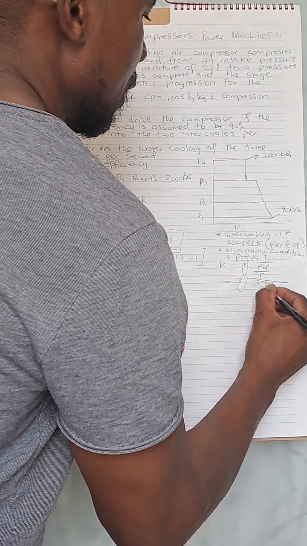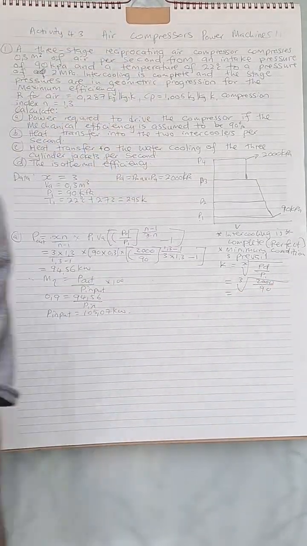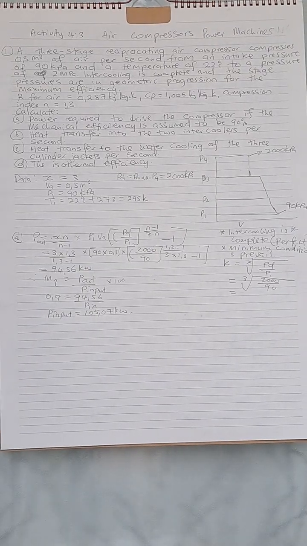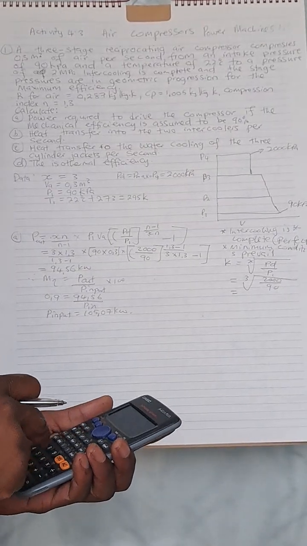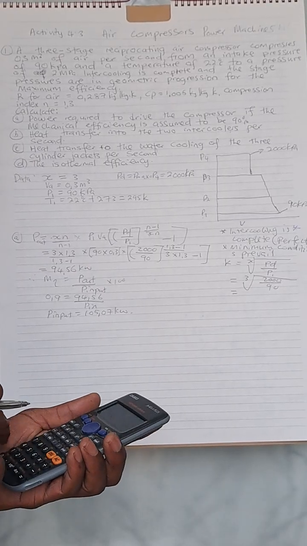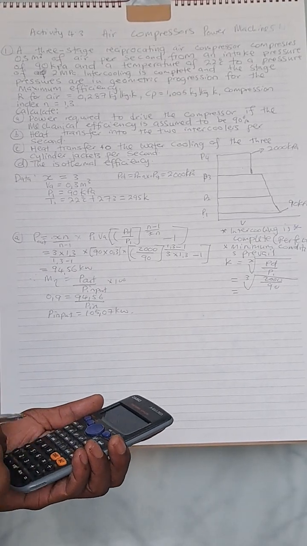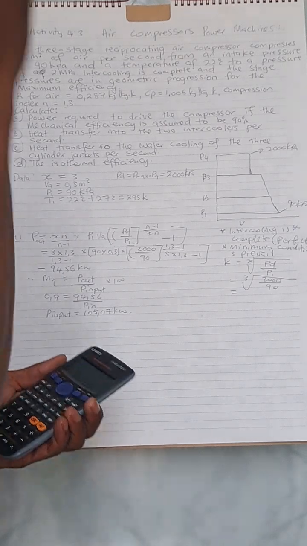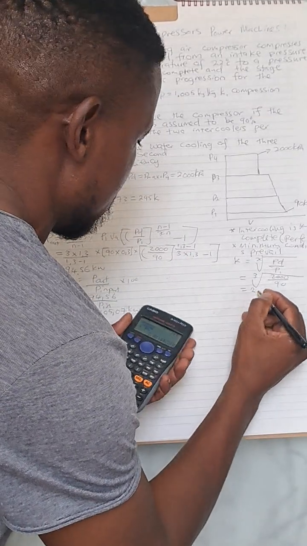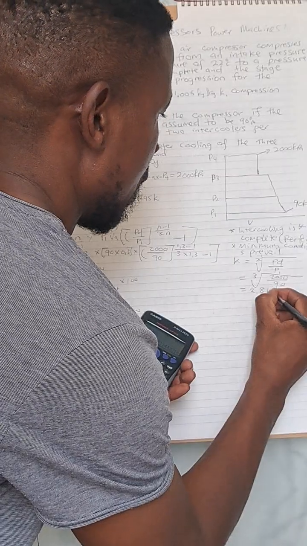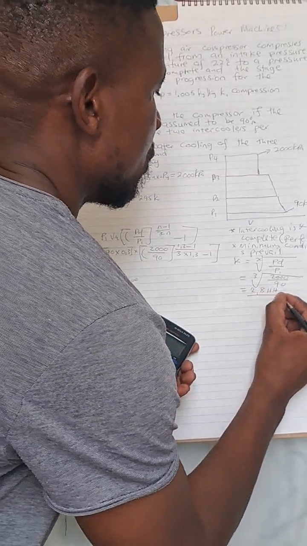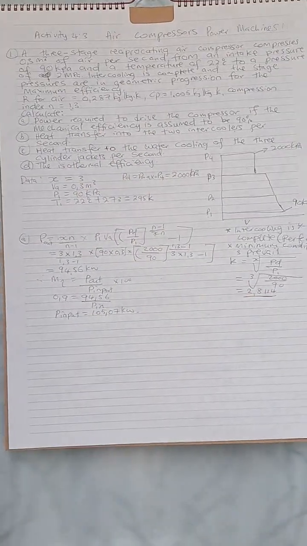Our P1 is 90. So let's get our stage pressure ratio. So we have 2000 divided by 90. I'm getting my stage pressure ratio as 2.8114.